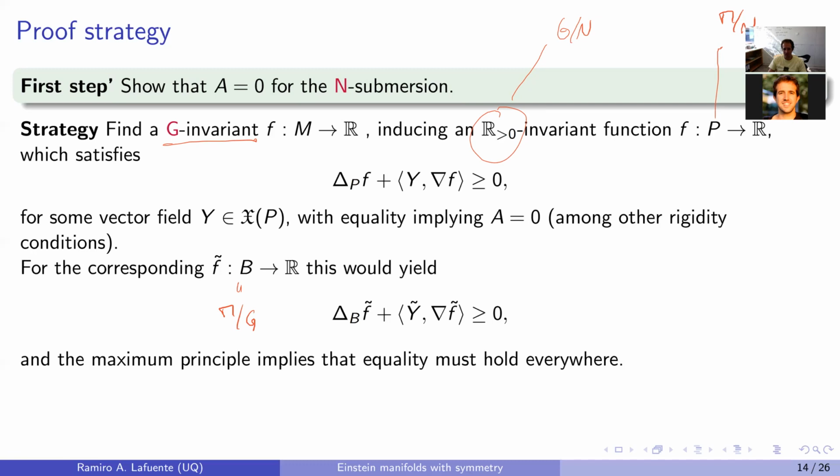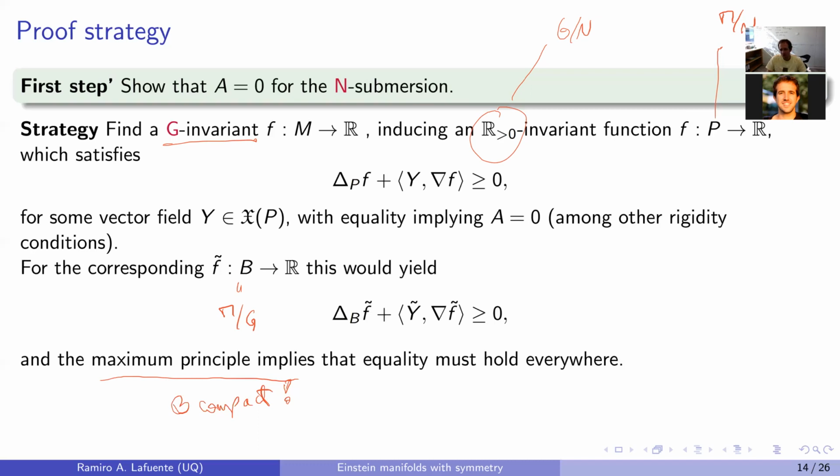And here it's extremely important that when we apply this global argument, B is compact. And so in order to reduce to the compact quotient B, it was crucial that F was G invariant and not only N invariant. We are looking at the N submersion, but we need a G invariant function to use compactness.